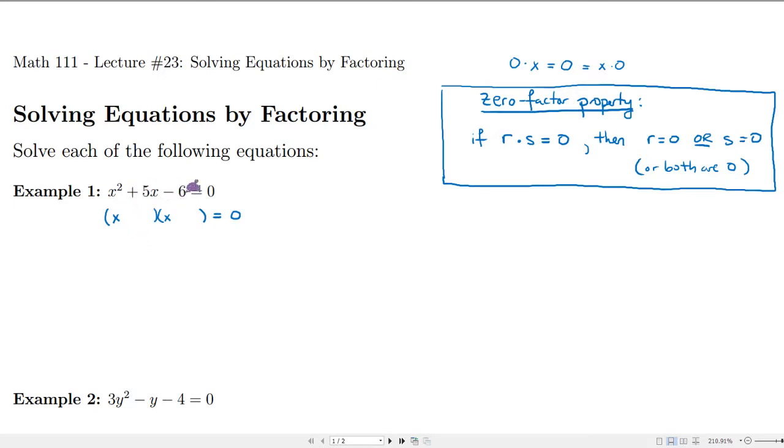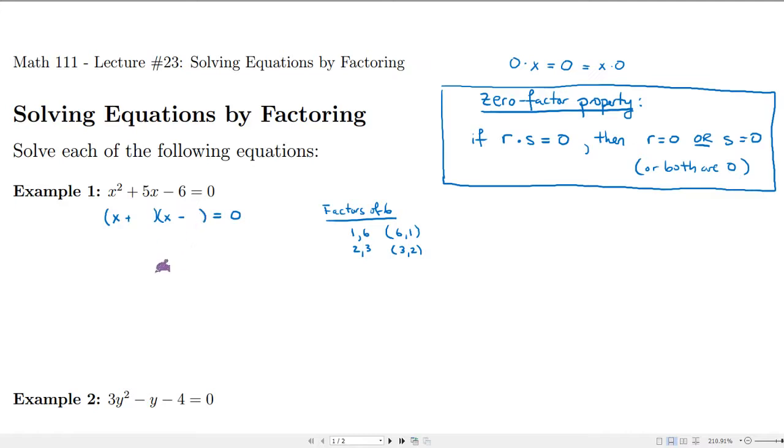If the product is giving us a negative, then one of them is going to be negative and one of them is going to be positive. So we'll have a plus and a minus. And now we have to think about the factors of 6. We have 1 and 6, we have 2 and 3, and are there any others? Because we have a plus and a minus, the order can go either way.